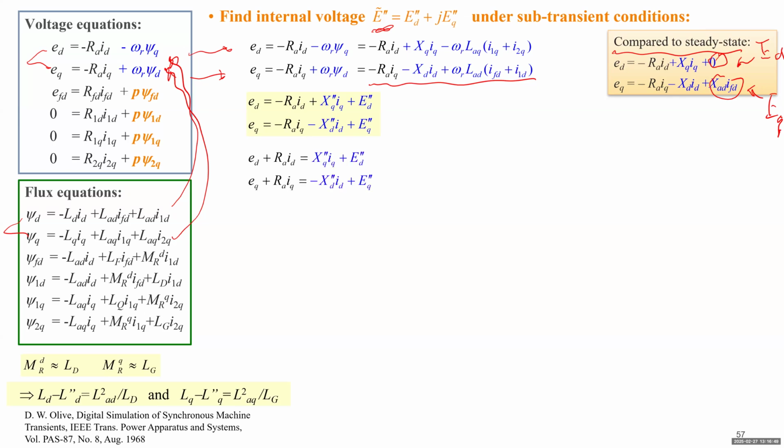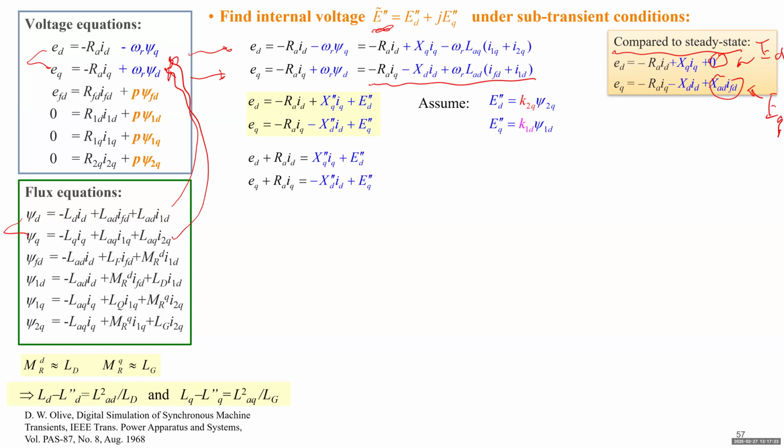Okay, we move everything black to the left-hand side of the equation, and the right-hand side will be something new. So we want to figure that out. Next, let's guess what could be ED double prime and EQ double prime. If ED double prime represents some internal voltage in the D axis, it has to be related to some flux linkage in the same time frame.